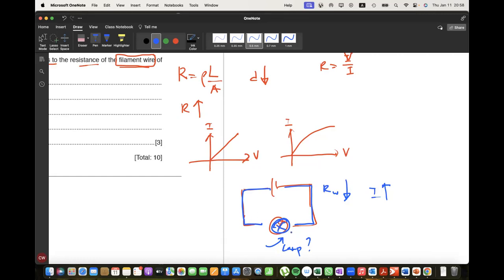Is the question. Wrong. Resistance of wire is not increasing, it's increasing, right? What happened to the current? Current should decrease. Current decreases.